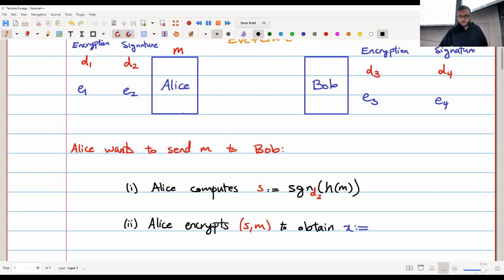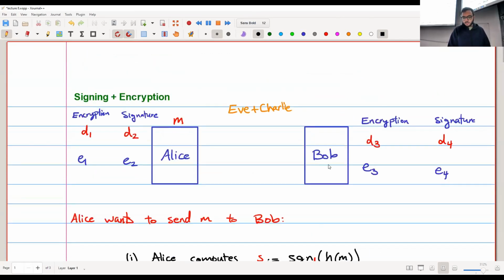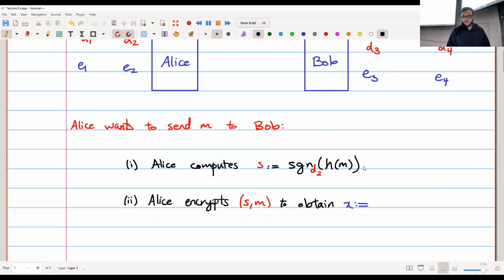This is just going to be an encryption of S and M. But this has to be encrypted in a way that Bob can decrypt it. So we encrypt it using E3, using Bob's public key. Okay, so this is the result of encryption using E3 of SM. Okay, and Alice sends this to Bob.